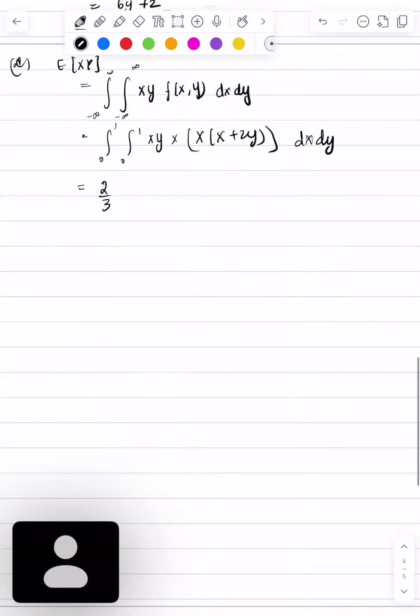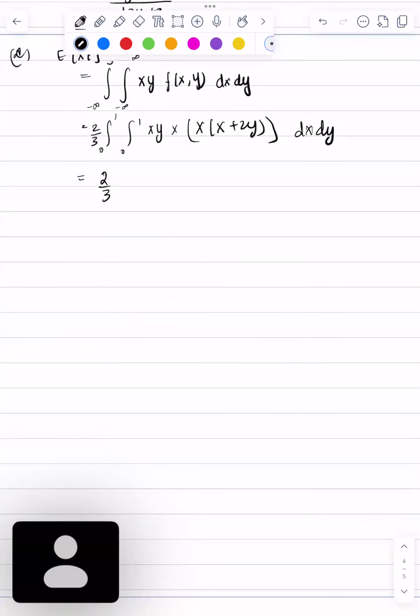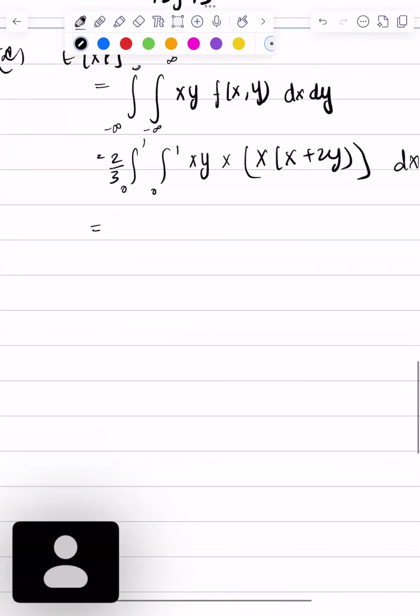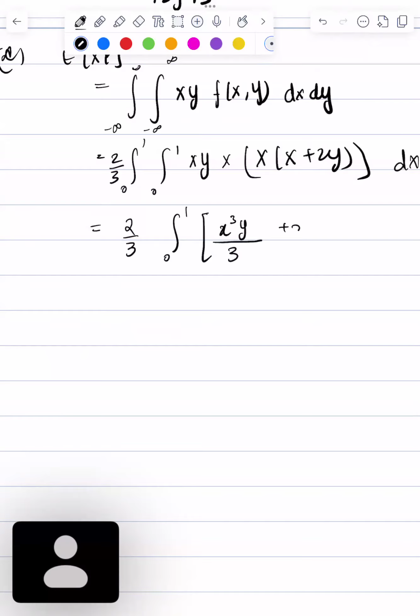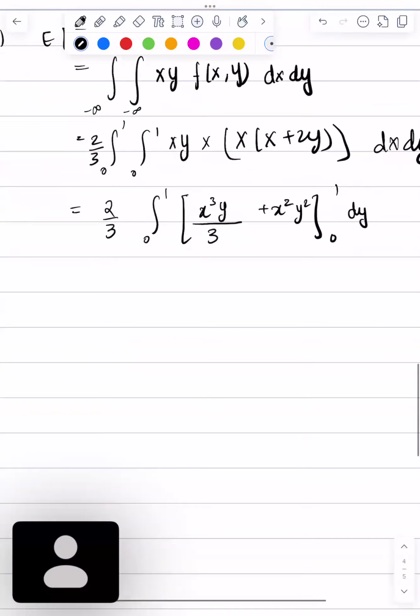Yes, I took out 2 over 3 here. We get the first integrated term of x, then integrated of y. I should be getting what it was.